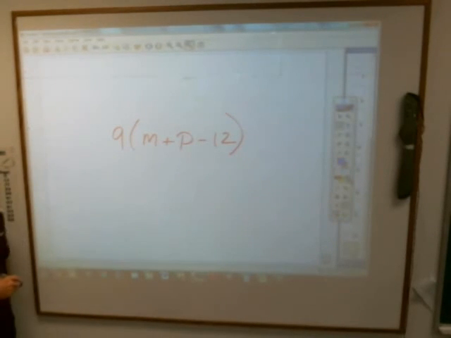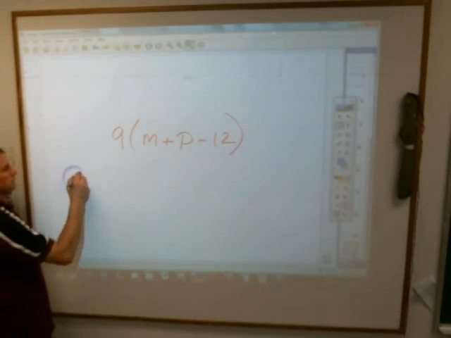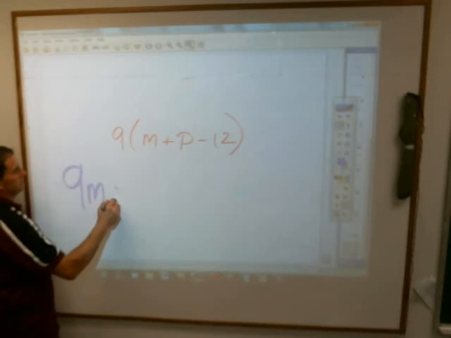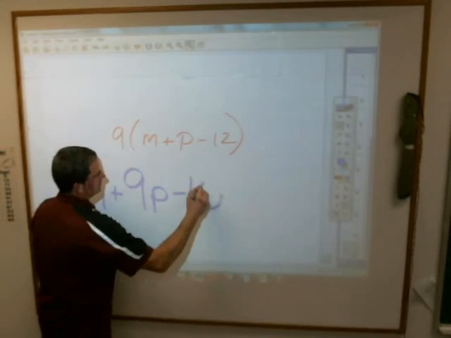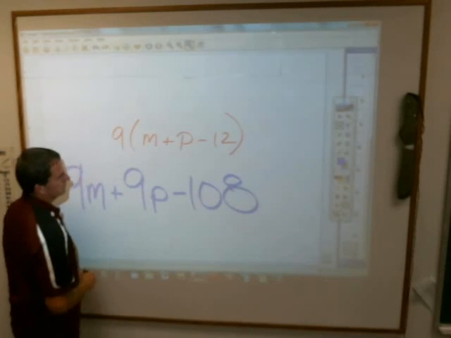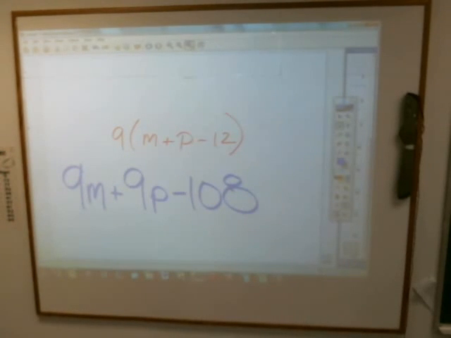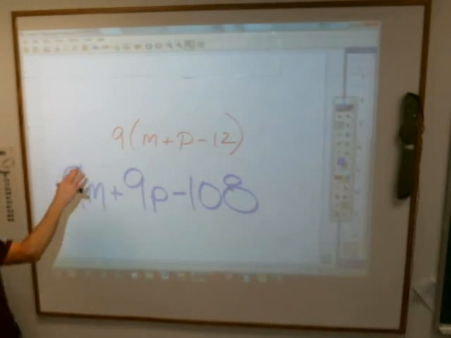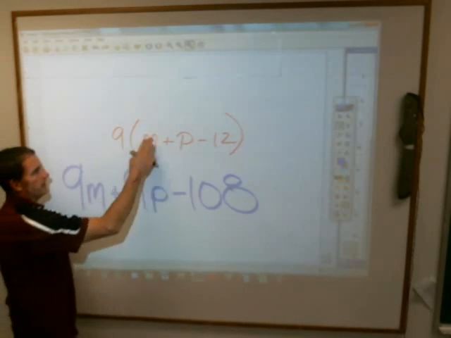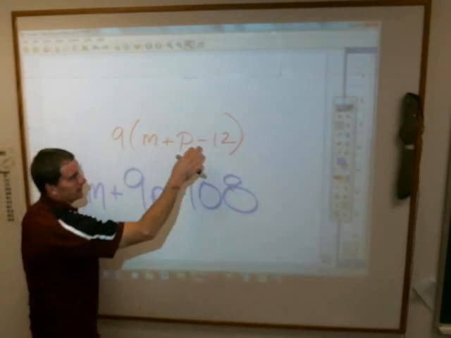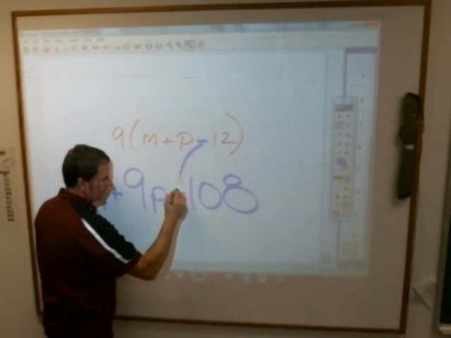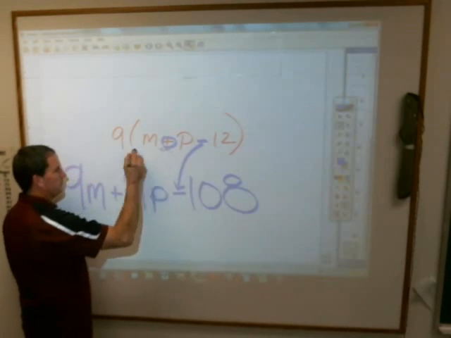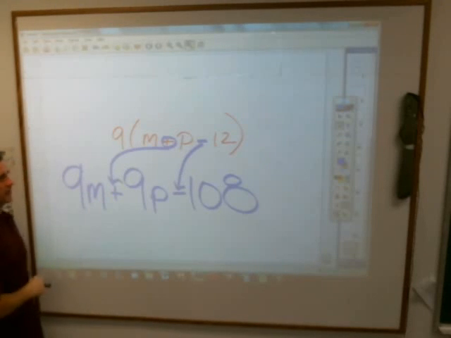And when we do that multiplication, we get 9m plus 9p minus 108. Stop me there if you don't get where that comes from. It's just 9 times m, 9 times p, 9 times 12. Where does this minus sign come from? Right here. Where does this plus sign come from? Right there. You keep whatever sign is up there.